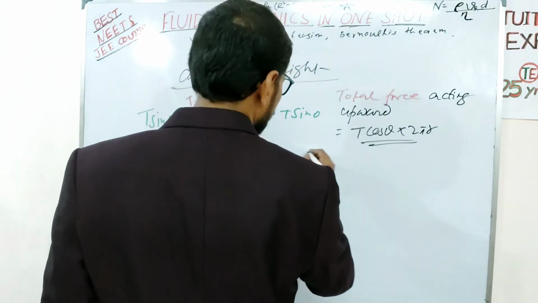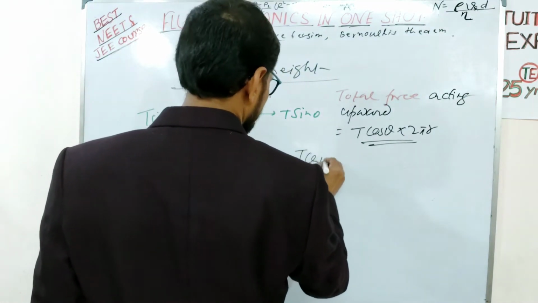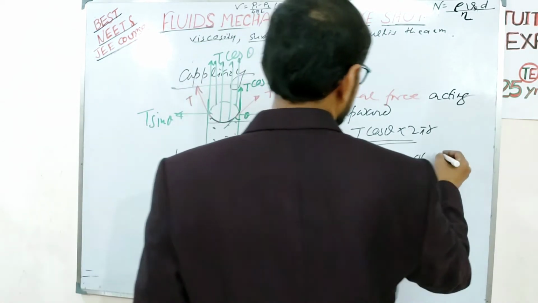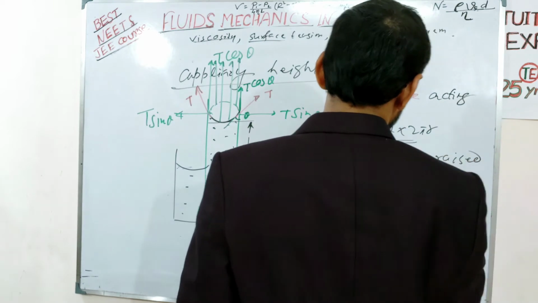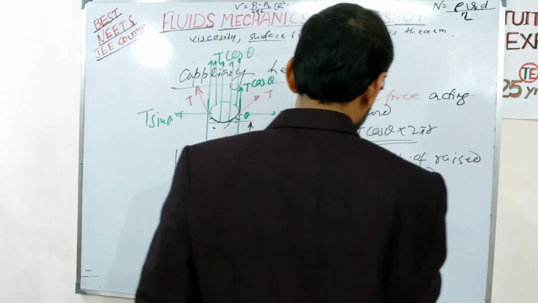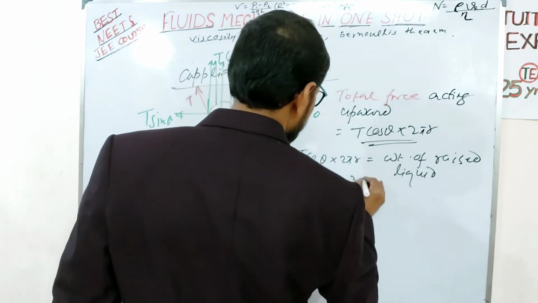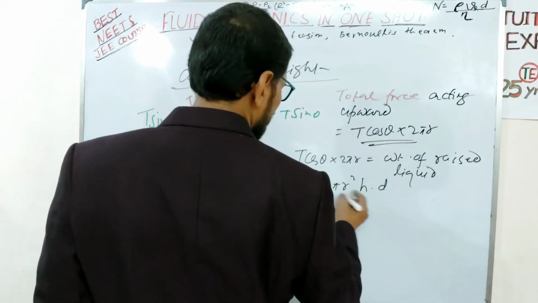So this 2 pi r equals the weight of the raised liquid, which is volume into density into g: pi r square into h into density d into g.